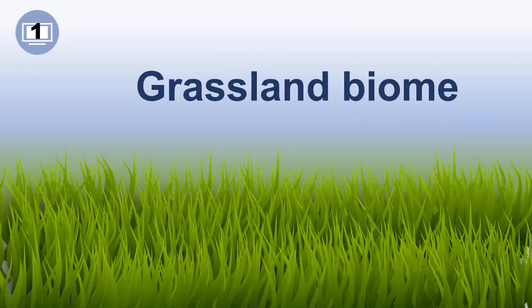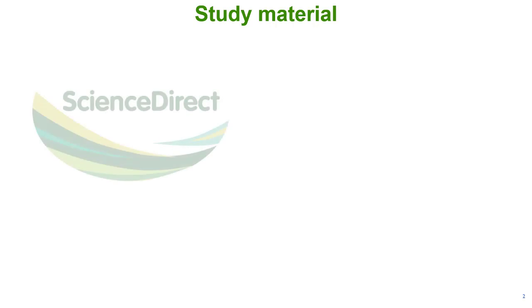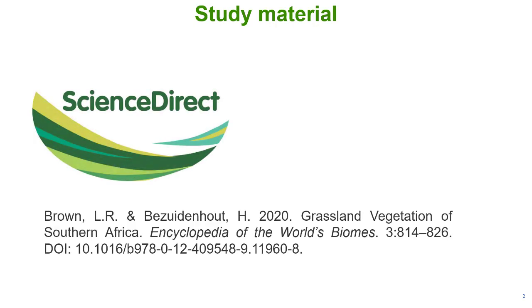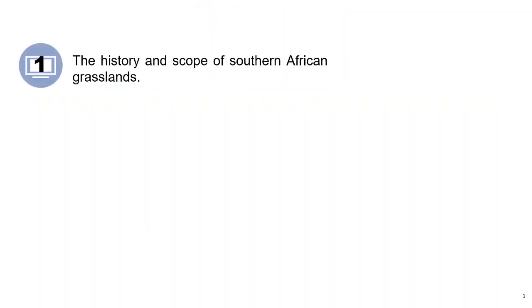This video clip focuses on the grassland biome and consists of 3 screencasts. The study material is accessible from Science Direct. The topics of the 3 screencasts are: Screencast 1, the history and scope of Southern African grasslands.